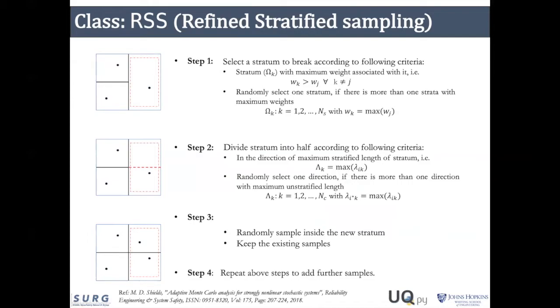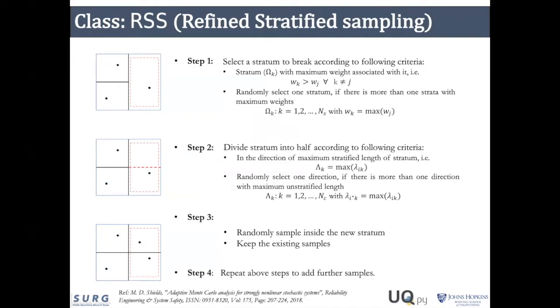So here is how refined stratified sampling works. Given a stratification, the first step is to look for the strata which has the maximum weight associated with it. If we have multiple strata with the same maximum weight, then we randomly choose one among them. Once we have selected a strata, we divide that strata in half along the maximum dimension.